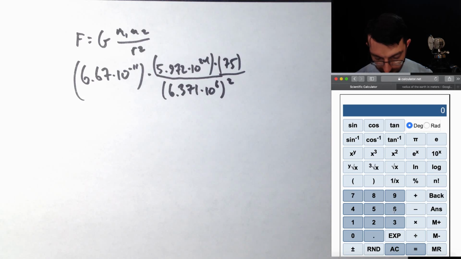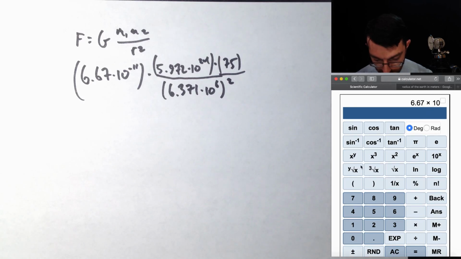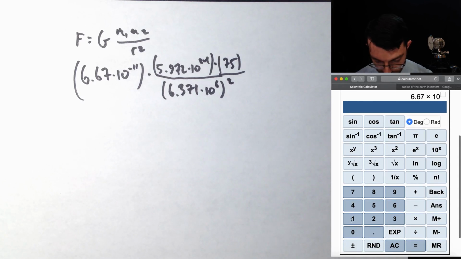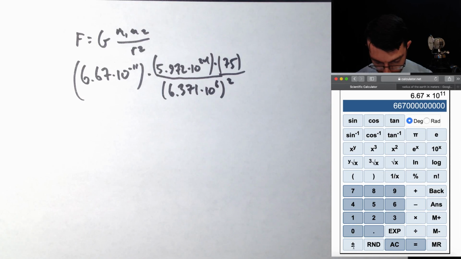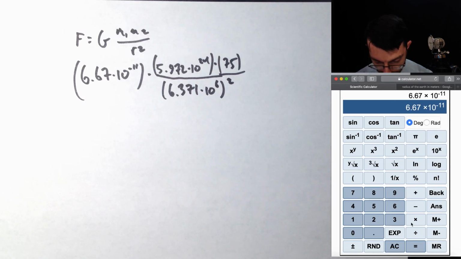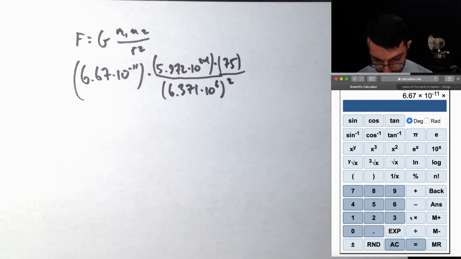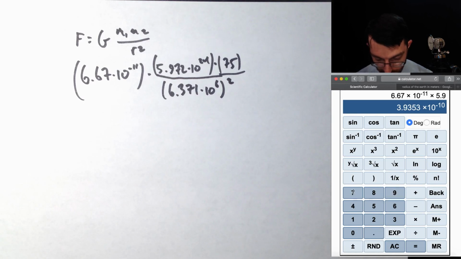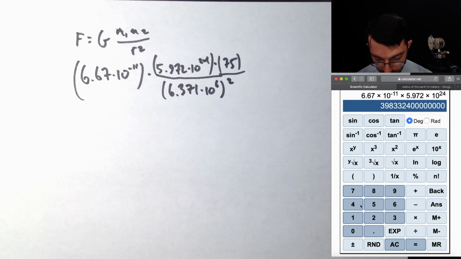Oops. I already made a mistake. 6.67 times 10 to the power, let's see, negative 11. Okay, that's going to be times, oh boy, 5.972 times 10 to the power 24.